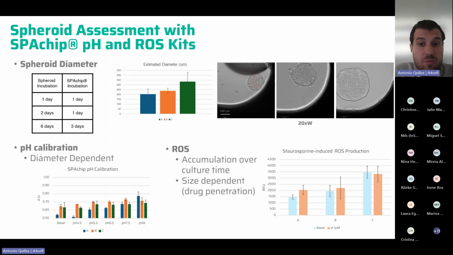That can be simply produced because there's no good diffusion of the medium inside the cell culture, and these cells on the inside are stressed in their basal condition. So staurosporine may not be getting diffused inside the spheroid, or even there is no significant effect because the cells are already stressed.